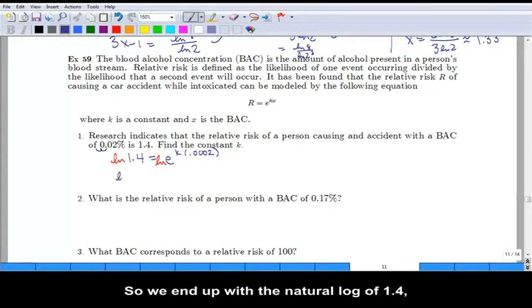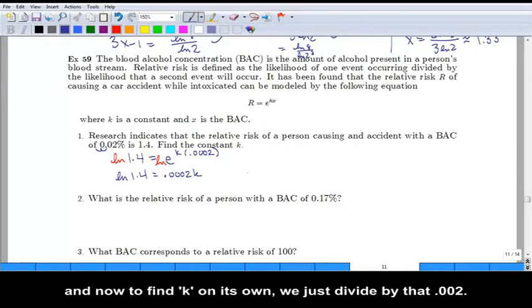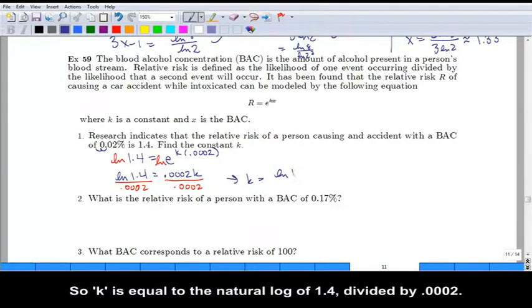So we end up with the natural log of 1.4 equals the natural log of e to the k times 0.0002, which is just 0.0002k. And now to find k on its own, we just divide by 0.0002. So k is equal to the natural log of 1.4 divided by 0.0002.